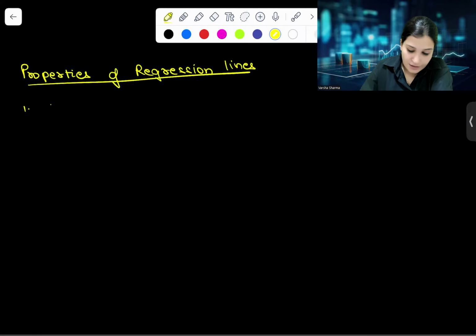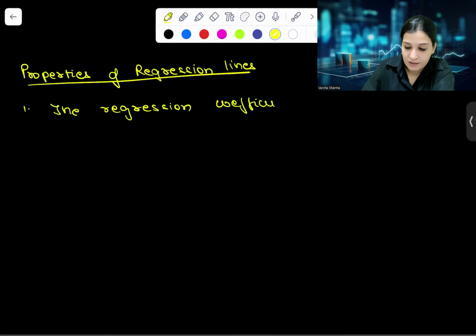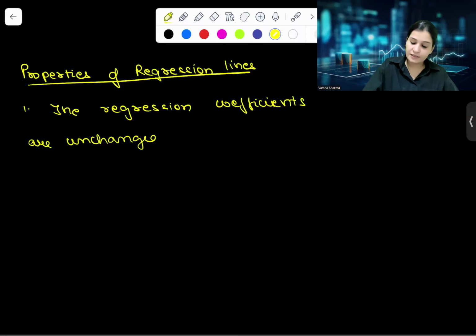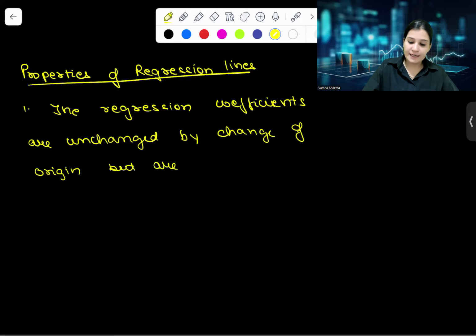First, the regression coefficients, both byx as well as bxy, are unchanged. They are not affected by change of origin, but are affected by scale.